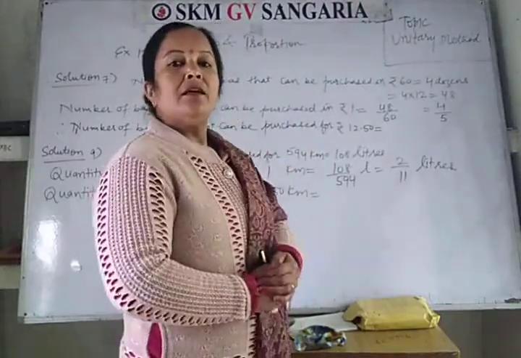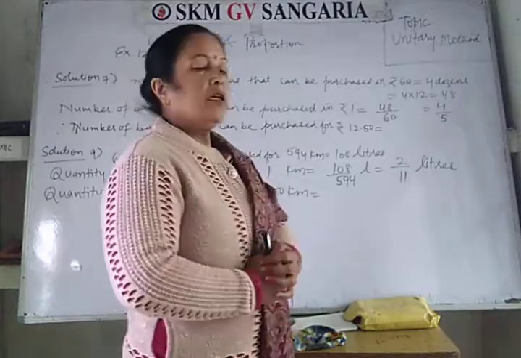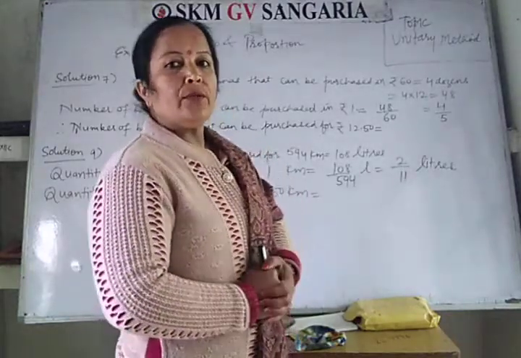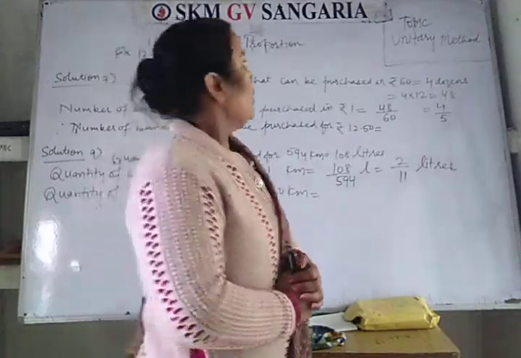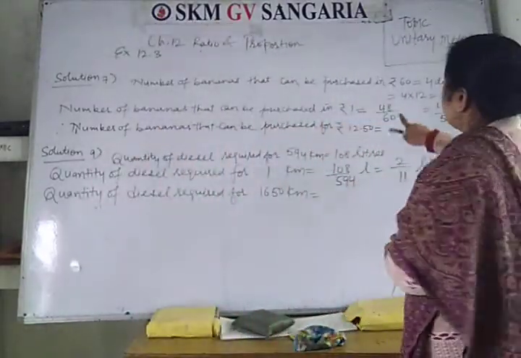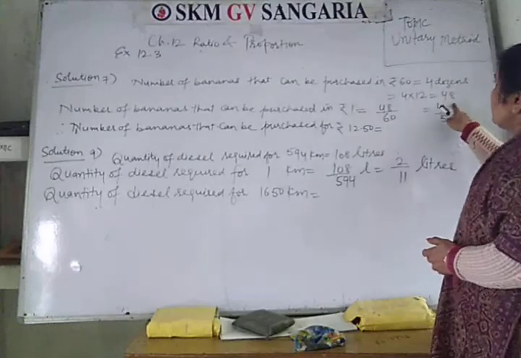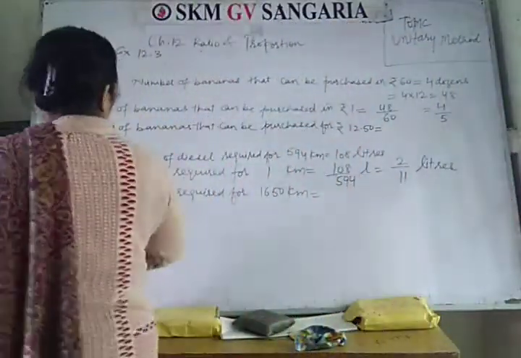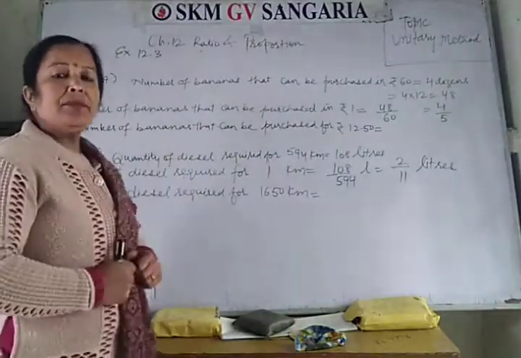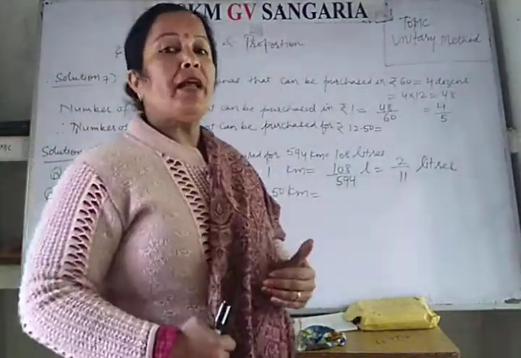So 4 into 12, 4 12s are 48. So from 60 rupees, 48 bananas can be purchased. So how many bananas can be purchased with rupee 1?